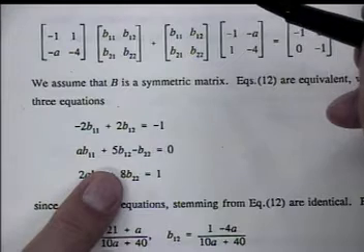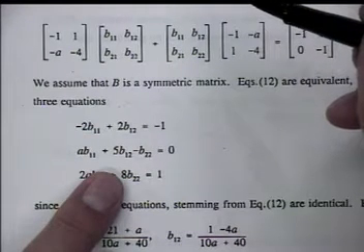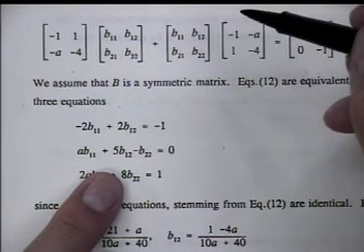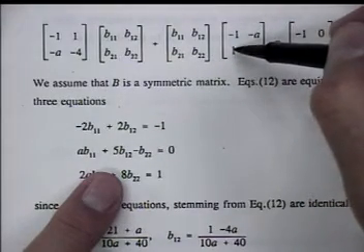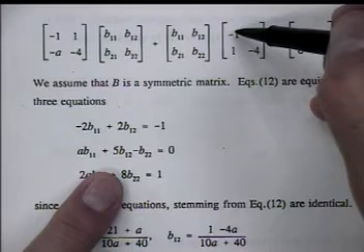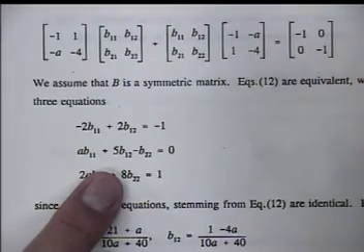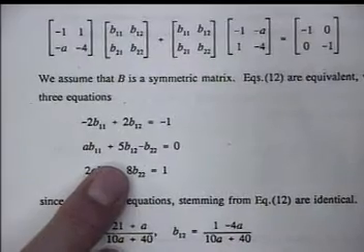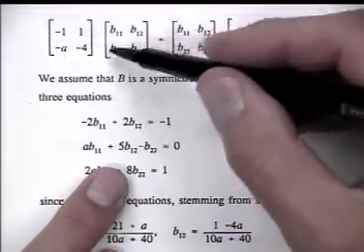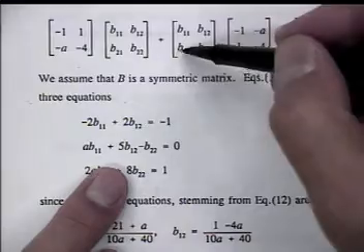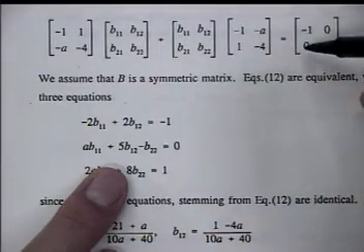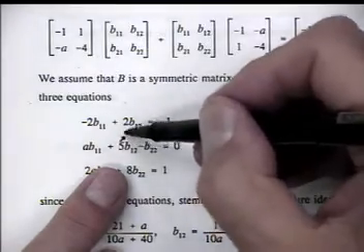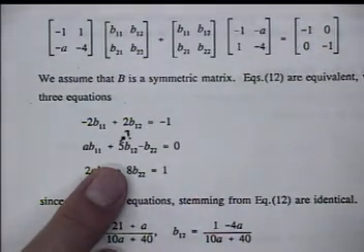Then B12 times... which term am I looking for? This times this times this, that equals 0. I don't understand where this 5 comes from. Please check at home.